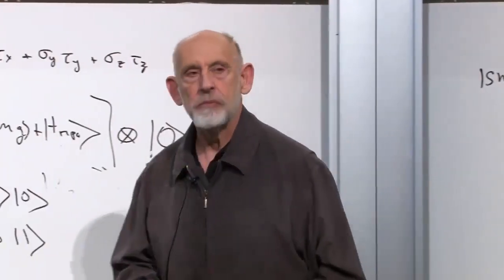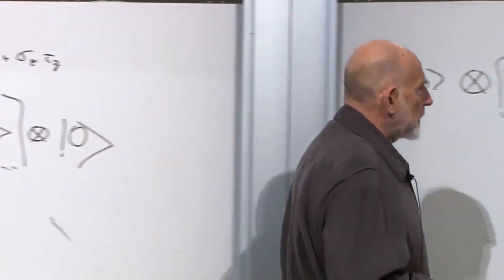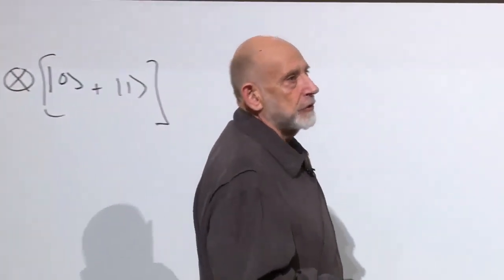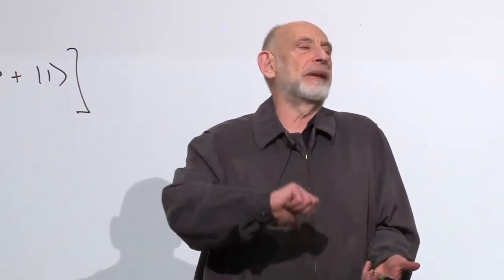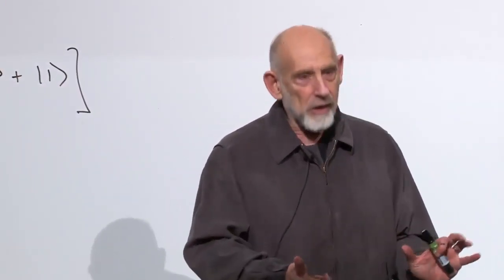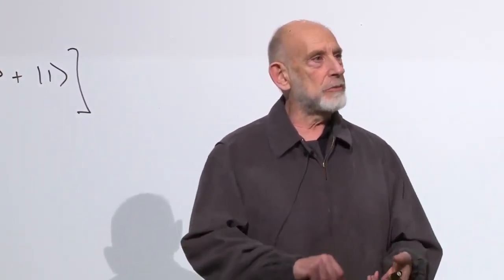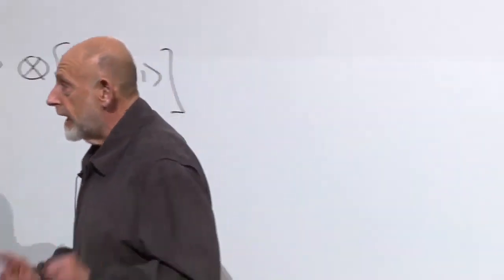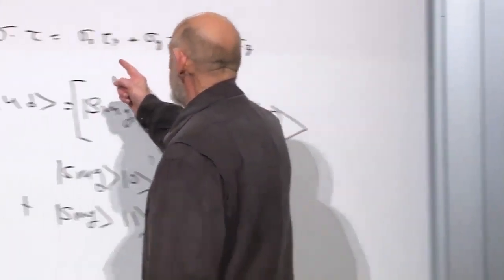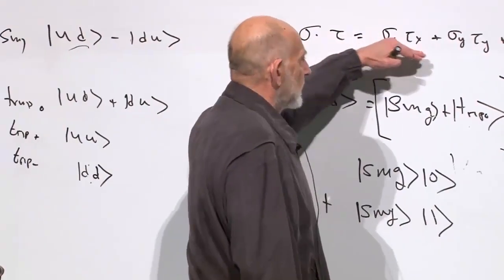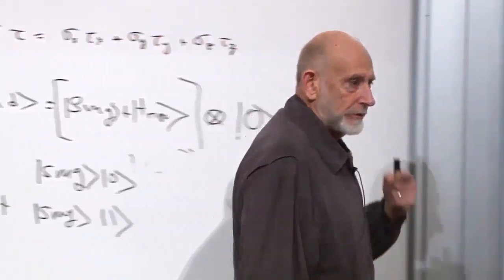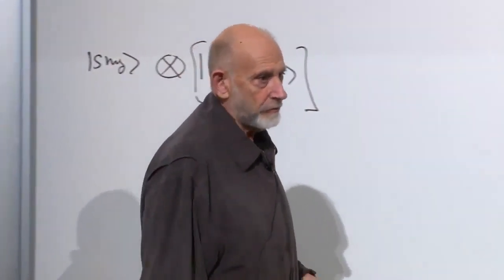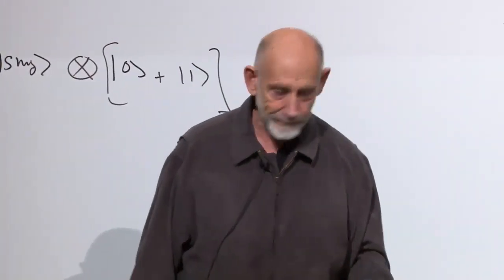Roughly speaking, each electron is in the magnetic field of the other electron, but what they want to do is maximally anti-align, or better yet, they want to make the value of sigma dot tau maximally negative. So they emit a photon to do that.